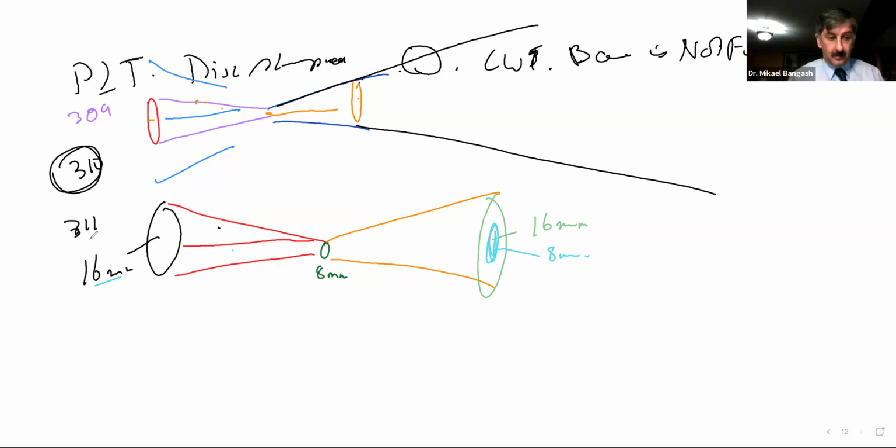Is that what we have? Because this is twice your focal length, right? This is one focal length, and this is another focal length. Did that make sense? So that makes it false.